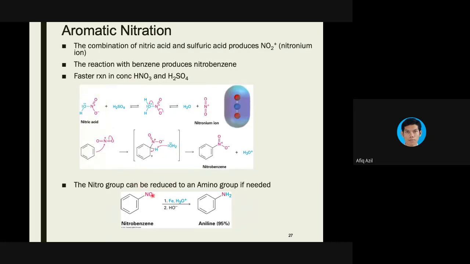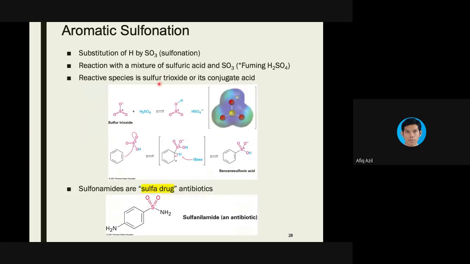Once you have your nitro group, you can turn it into amino, and then you can do another reaction of sulfonation to obtain this sulfonic acid, and then the OH you can replace with another NH2.